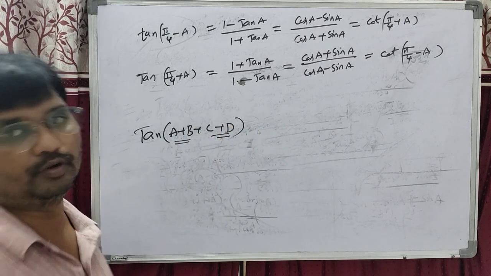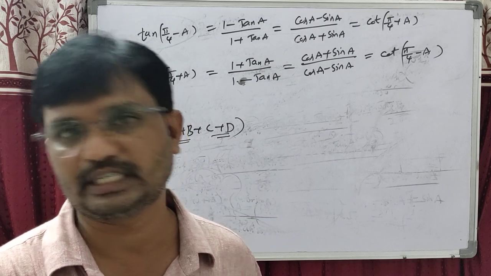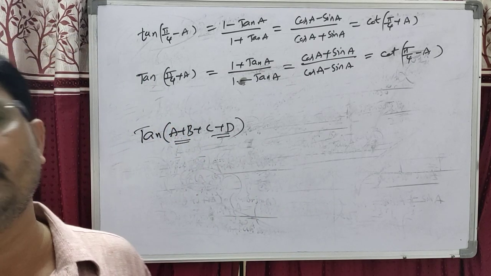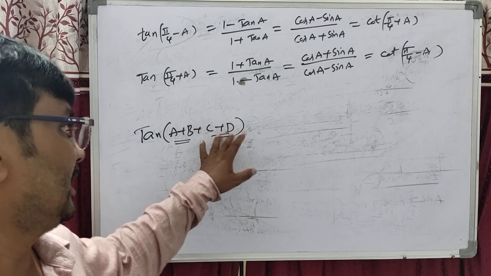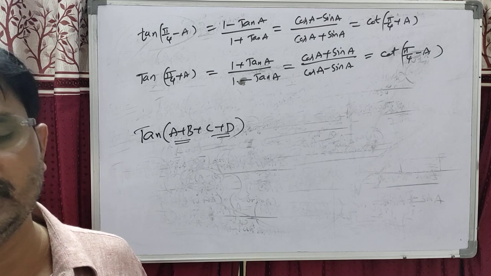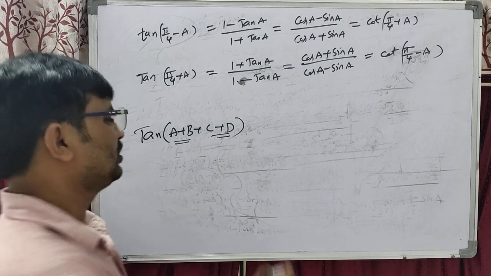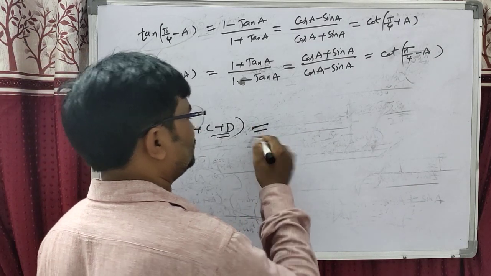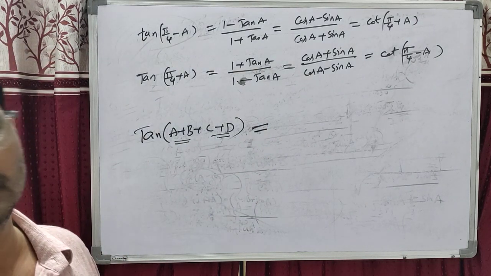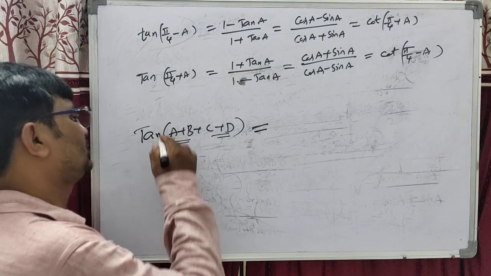Tan of (a plus b) is tan a plus tan b by 1 minus tan a tan b, and tan (c plus d) is tan c plus tan d by 1 minus tan c tan d. Then we take the LCM and get a huge sum, a very big formula, so that is not necessary, students.